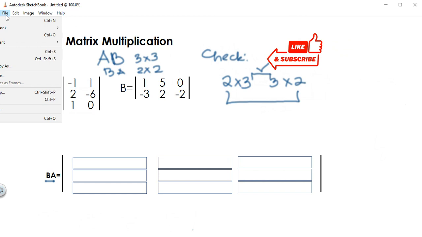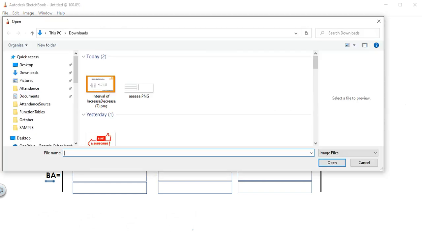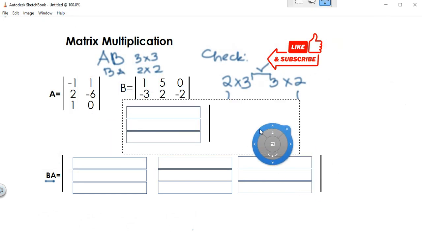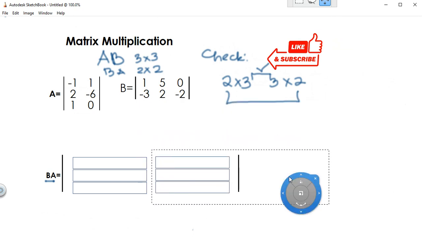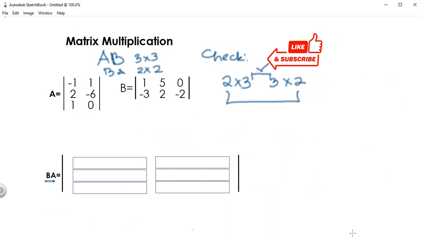So let's change the dimension. Let's override this and move this. Now we have the correct size. Actually, not really, because we need only a 2 by 2, right? So let's get rid of the other ones. There's got to be a better way to do this, but just bear with me for now.